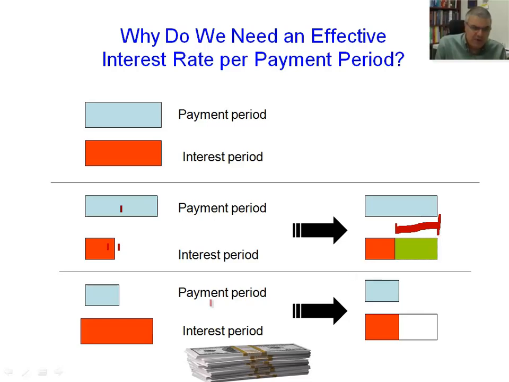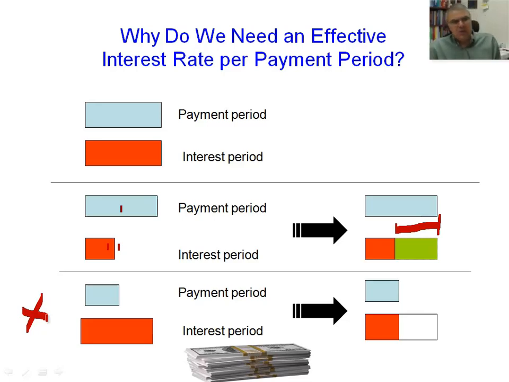And if you also look at the other case down here, the last one that I put an X mark right next to it, if the payment period is shorter than the interest period, then how would that get paid?